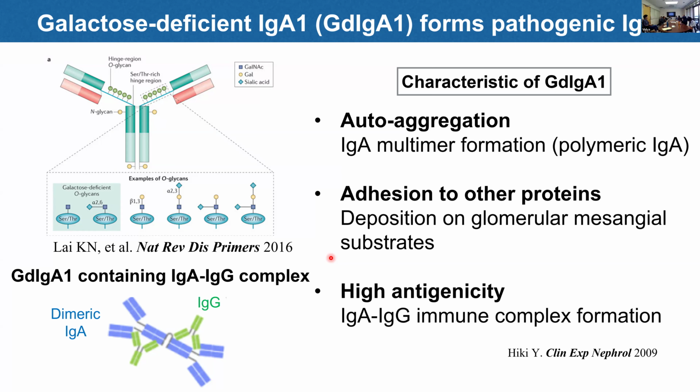Initially I didn't understand why an IgA with a deficient glycan was inducing disease, whether it was something that was in the mesangial cell. But now it's very clear, and that is why these monoclonal antibodies will be reducing the production of the IgA-deficient complex.